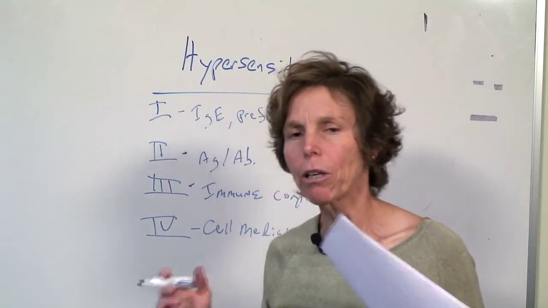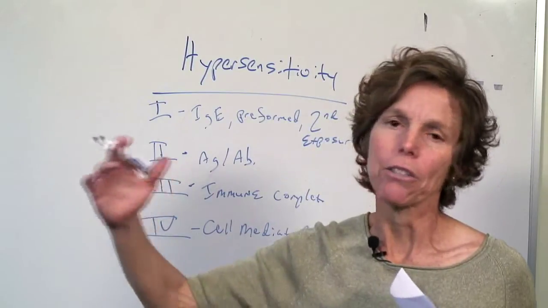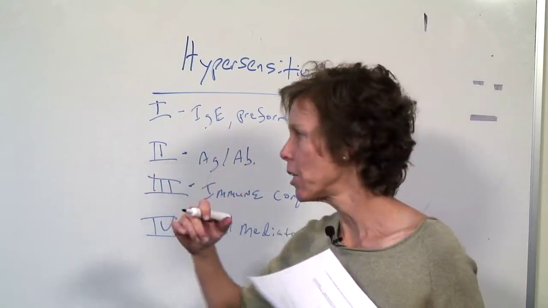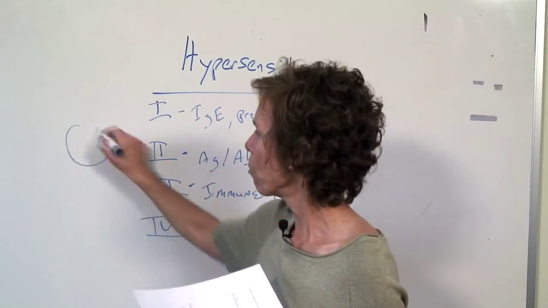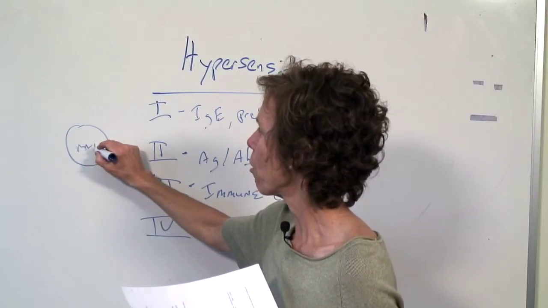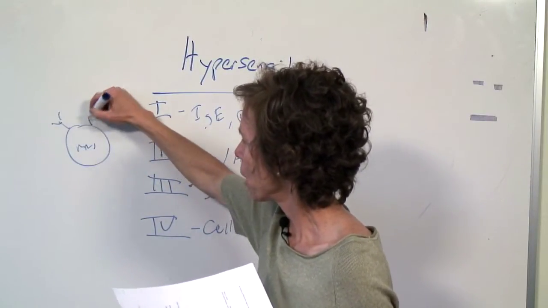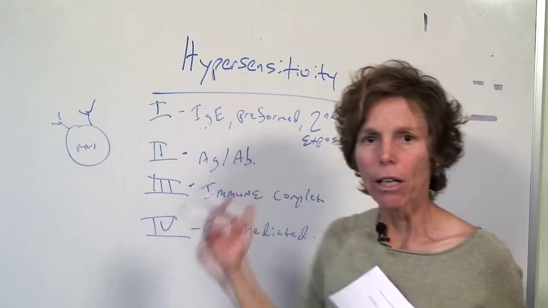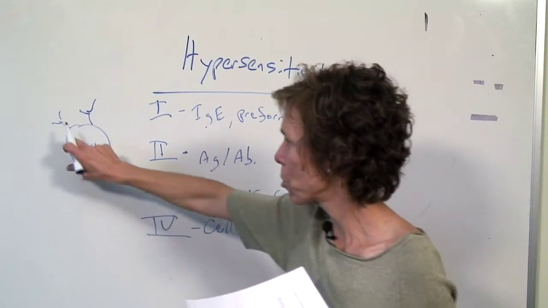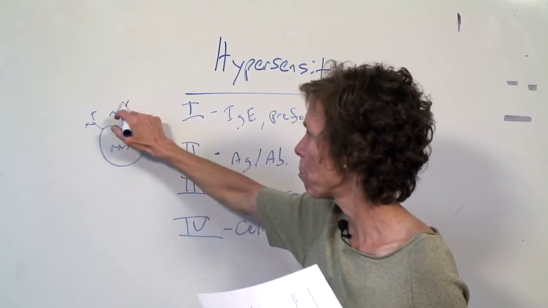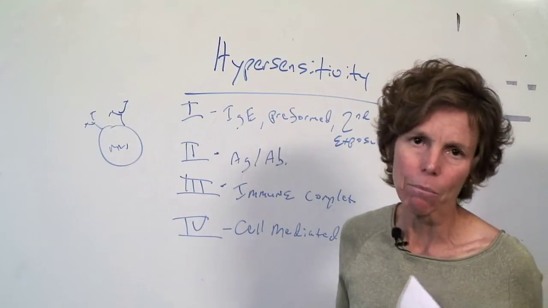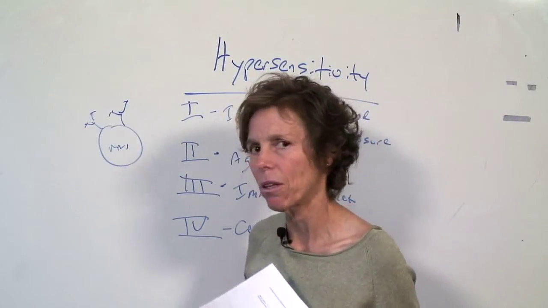So you go through that whole antigen processing rigmarole, and you go through isotype switching, you end up with IgE, and lo and behold, you're sitting there with the mast cell with these IgE sticking here, and along comes whatever these are specific for that were presented before. Let's say, a peanut.